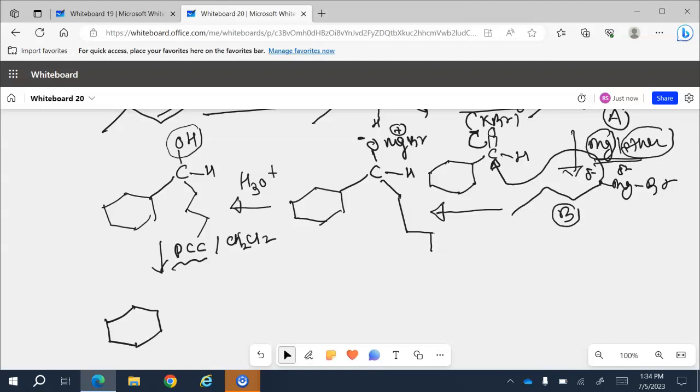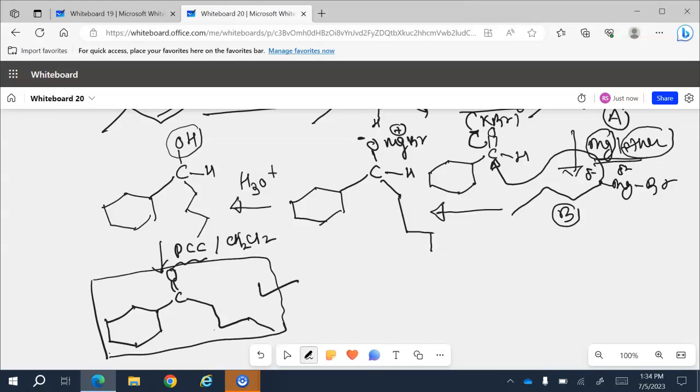That is where it will be oxidized. This is carbon with a double bond O, and all other attachments will be as is, 1, 2, 3, 4 carbon, 1, 2, 3, 4 carbon. That is our final product. So this is how you get product number D. This is how we conclude with this finding.